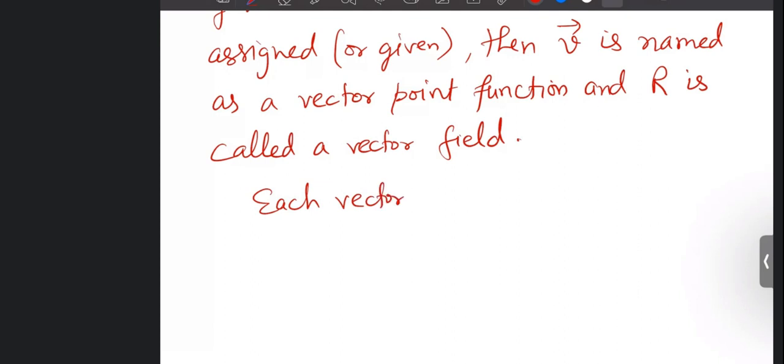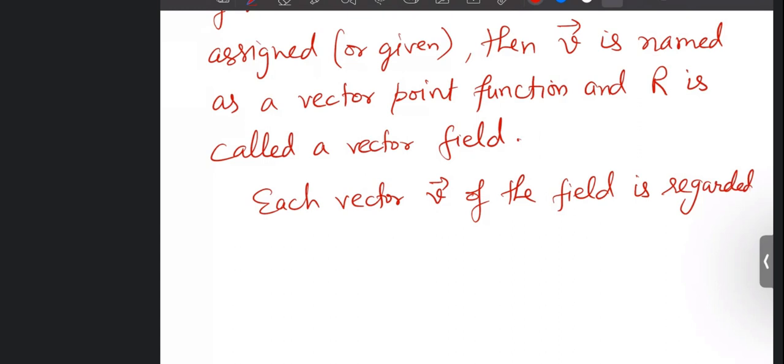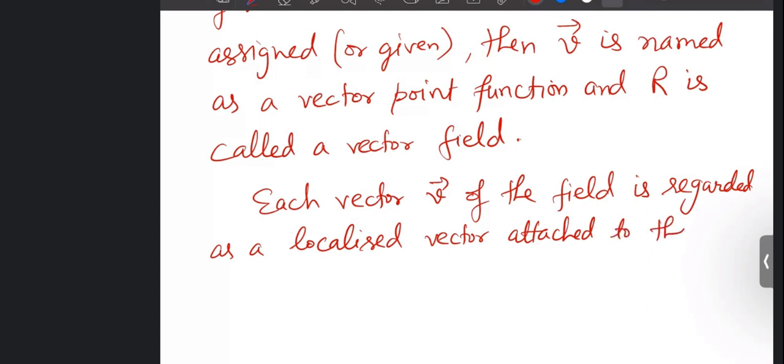Each vector V of the field is regarded as a localized vector attached to the corresponding point.